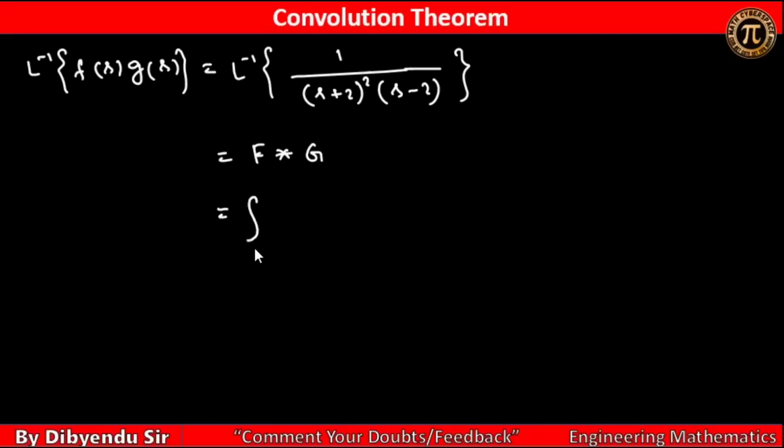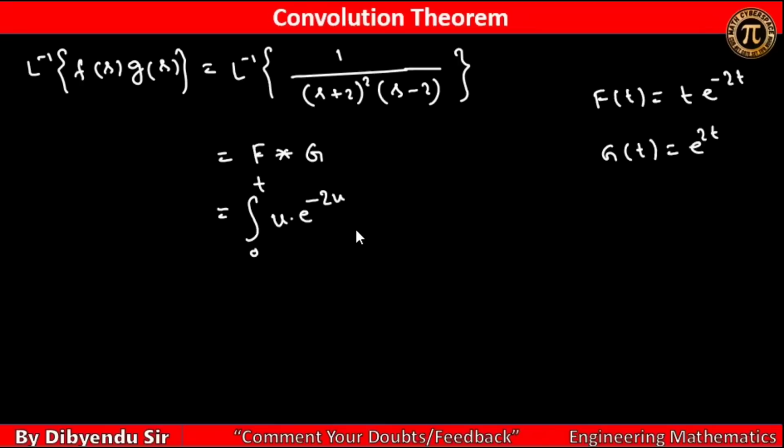This is the integration from 0 to t of f(u), and you know f(t) equals t e to the power minus 2t and g(t) equals e to the power 2t. So f(u) means u into e to the power minus 2u, into g(t minus u), that means e to the power 2 into (t minus u) du. In place of t you have to write t minus u.